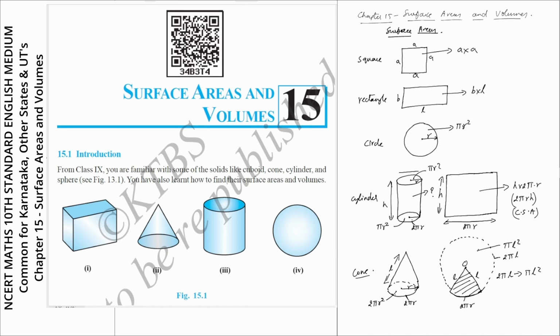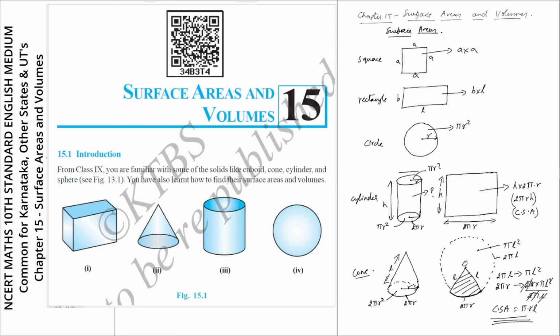Therefore an arc length of 2 pi r, this is the arc length, gives 2 pi r into pi l square by 2 pi l. So 2 will get cancelled, pi also will get cancelled, one l also will get cancelled. I get pi into r into l, which is nothing but the curved surface area of the cone.